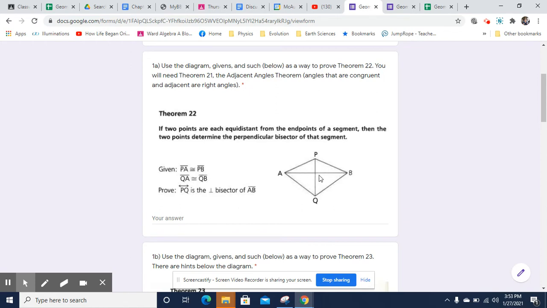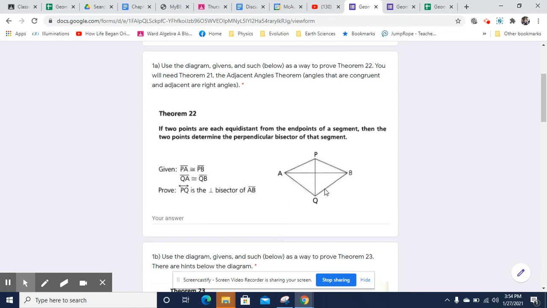And it would prove that these two angles, which are adjacent to each other, are also congruent and so have to be 90 degrees each. So it would prove this here, PQ, is a perpendicular bisector for AB. It bisects it into 2 parts and it's perpendicular.